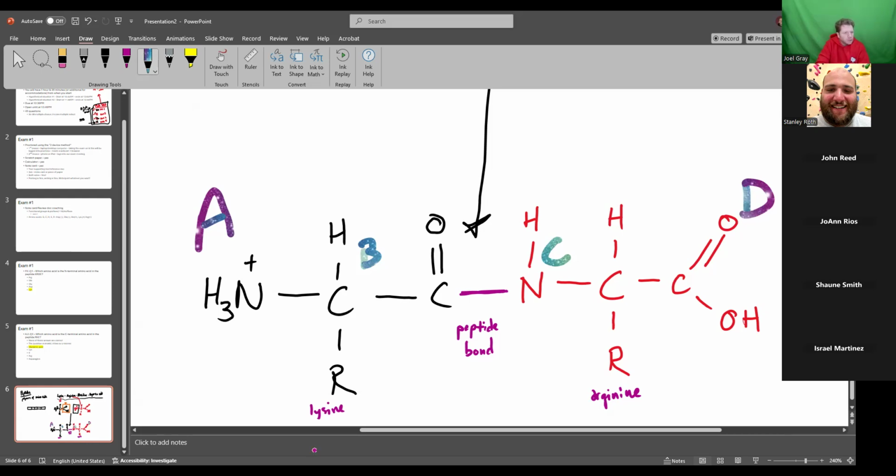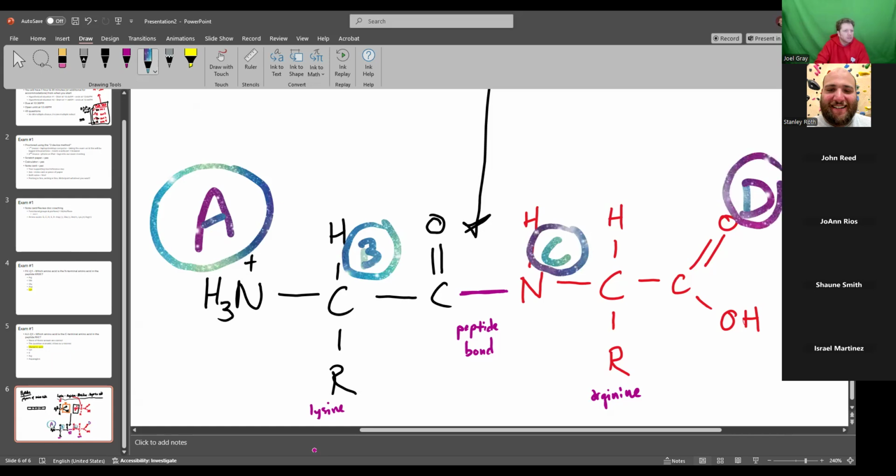So when we look at these different options, we've got A, B, C, and D. Those four different options, we're looking at the N termini. Termini, or terminal, meaning end.